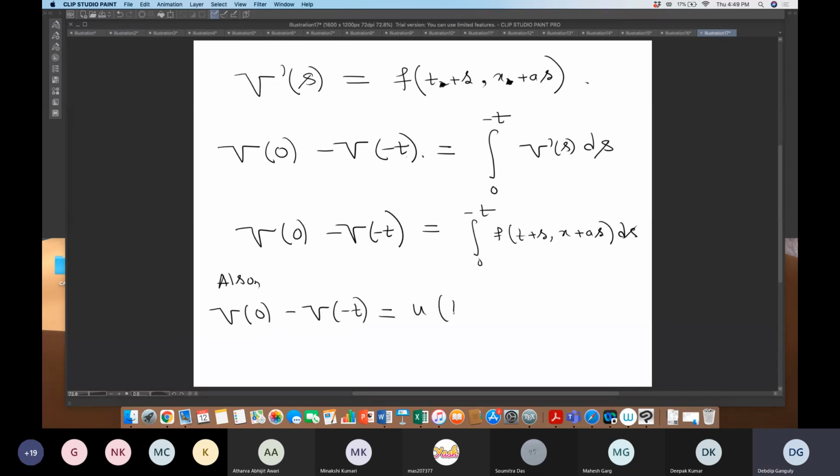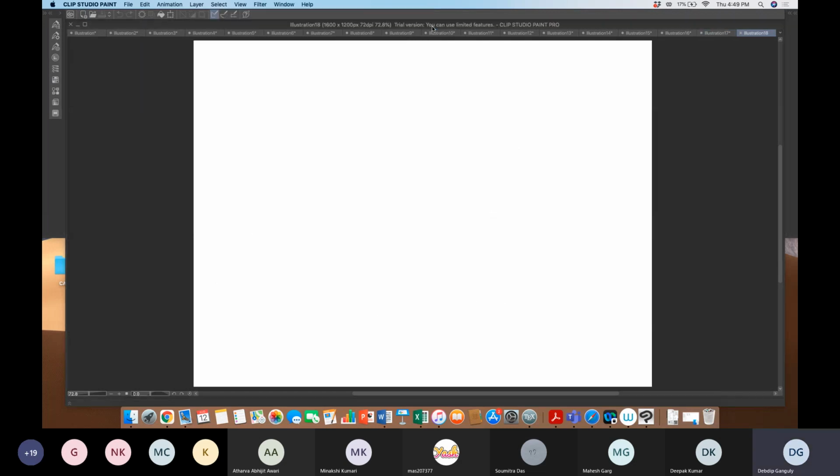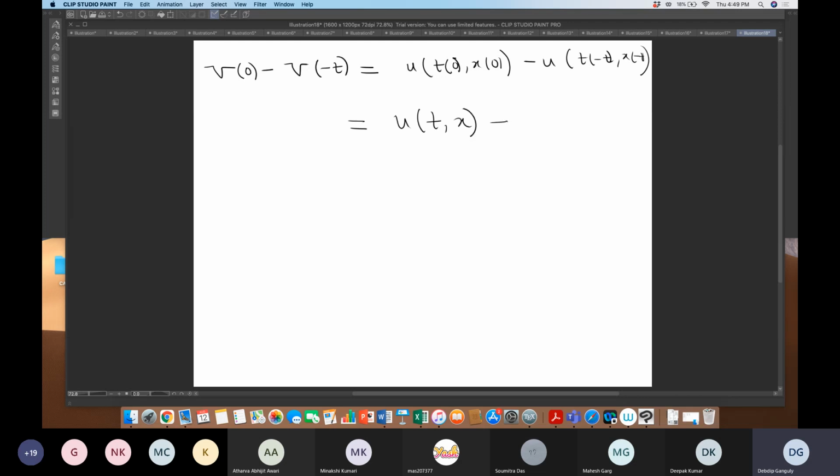V of 0 is U of T0, X0, minus U of T of minus T, X of minus T. If you write it down, this is U of T, X minus U of 0, comma X minus AT.